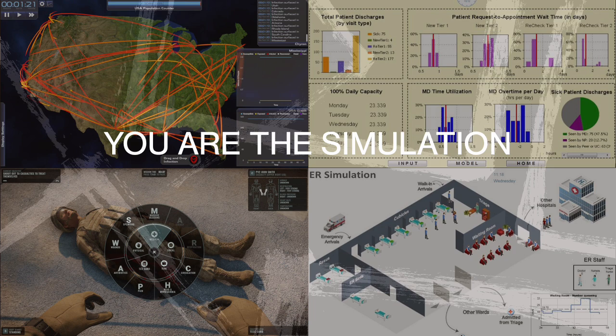In hospitals, patients, staff, and resources are all agents. Each movement, triage, treatment, discharge affects the system. Agent-based modeling reveals where delays happen and how to fix them. Across populations, individuals interact.